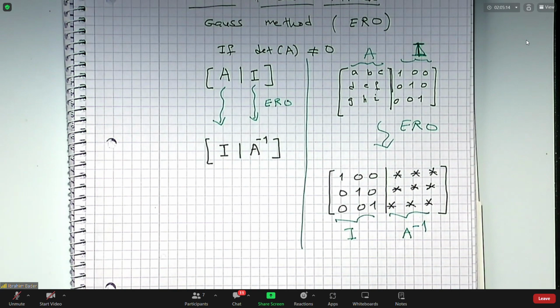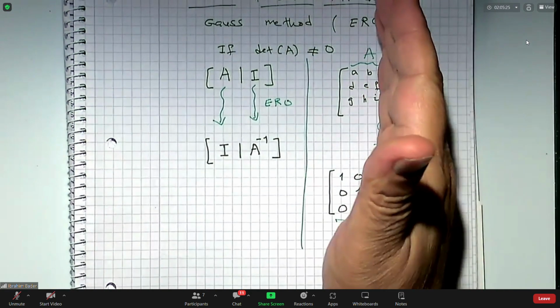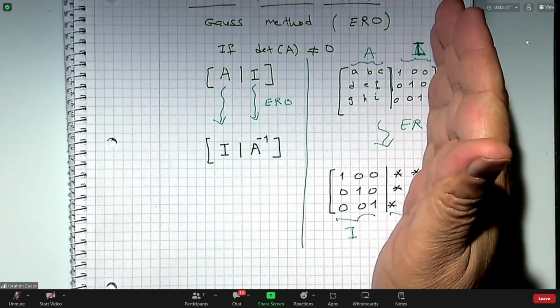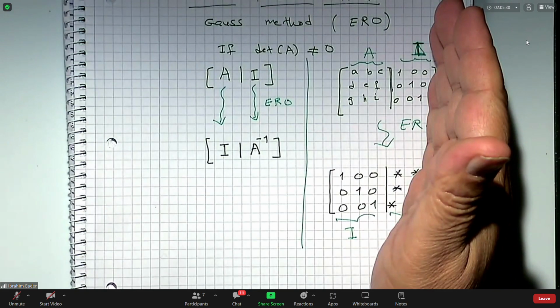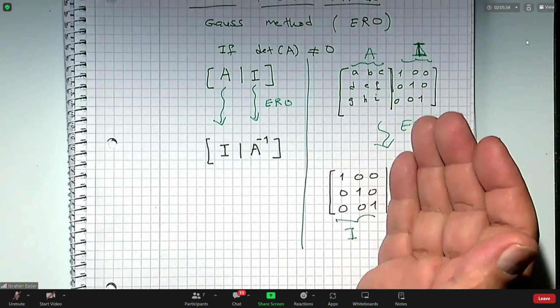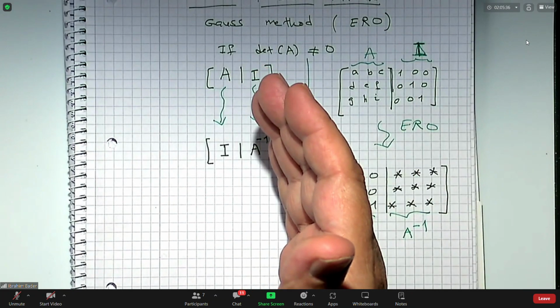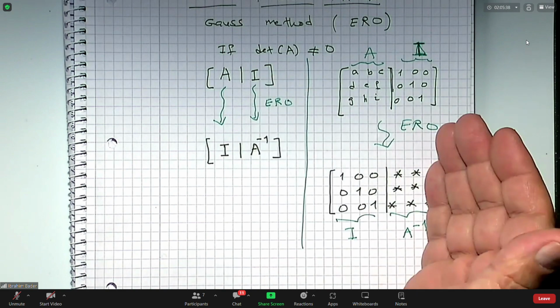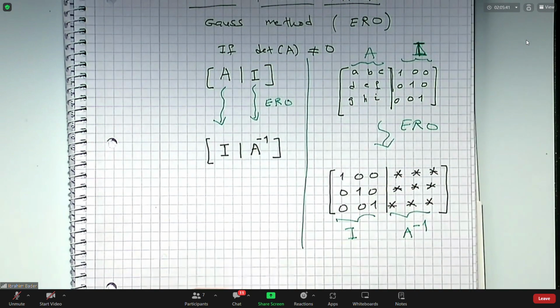Nowadays there are many online platforms that can evaluate the inverse of a matrix. It is based on this reduction: starting by putting the matrix to the left, the corresponding identity to the right, and then thinking how can I use the row operations to get the identity to the left, and whatever I get to the right is the inverse.